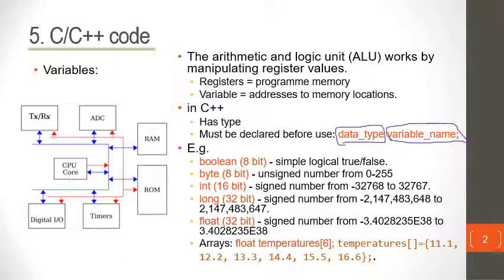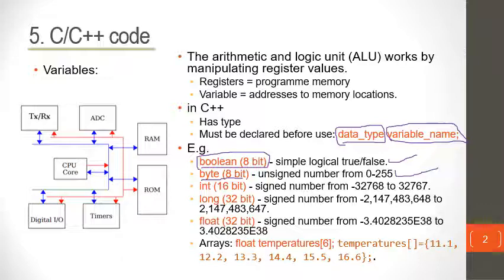Now, for example, there are multiple types of variables. We have a Boolean variable, which is of size 8 bits, and it's a simple logical variable which can either state true or false. Another type of variable is called a byte, which is an unsigned number between 0 and 255. It's also 8-bit.